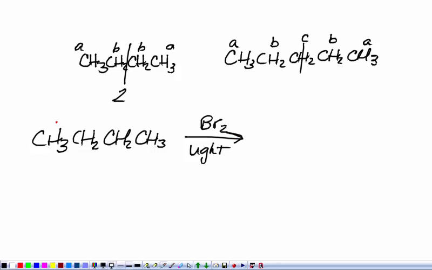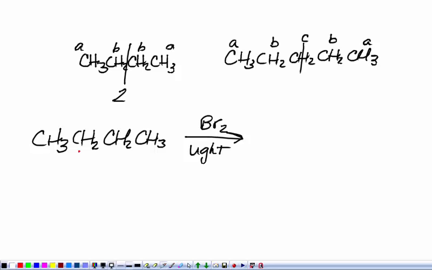So if I replace any of these single hydrogens with a bromine, I get the same name. If I replace any of these three hydrogens with a bromine, what do I get? Same name. So that makes those two CH3s equivalent. If I replace either of these two hydrogens with a bromine, what do I get?